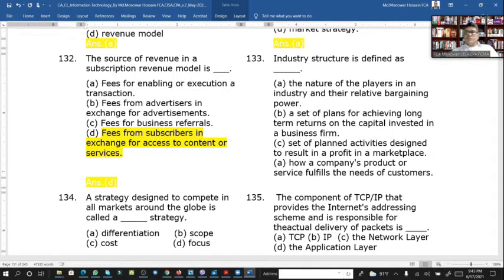For example, we are members of the CN Institute. So the CN Institute's revenue model is member subscription and student affairs, student admission, examination, etc.